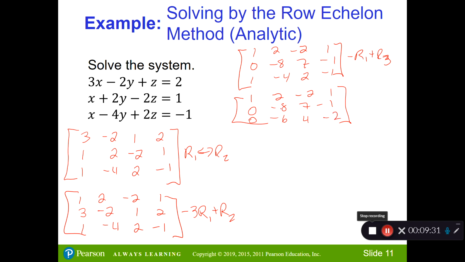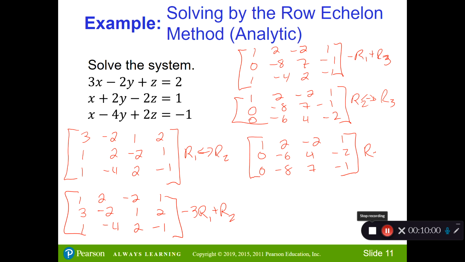Now, I want to get a 1 here. I think this row is going to be a little easier to work with when I divide through to get a 1 in place. So I'm going to flop row 2 and row 3 first. So I will have 1, 2, negative 2, 1. Now 0, negative 6, 4, negative 2. 0, negative 8, 7, negative 1.